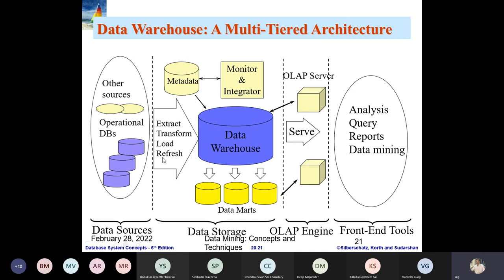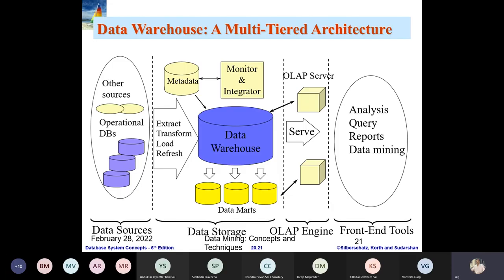There is also the concept of data marts, which will come later on. The OLAP servers are somewhere here. They look into the data warehouse and do basic OLAP operations, which move across different data sets and things like that, right?